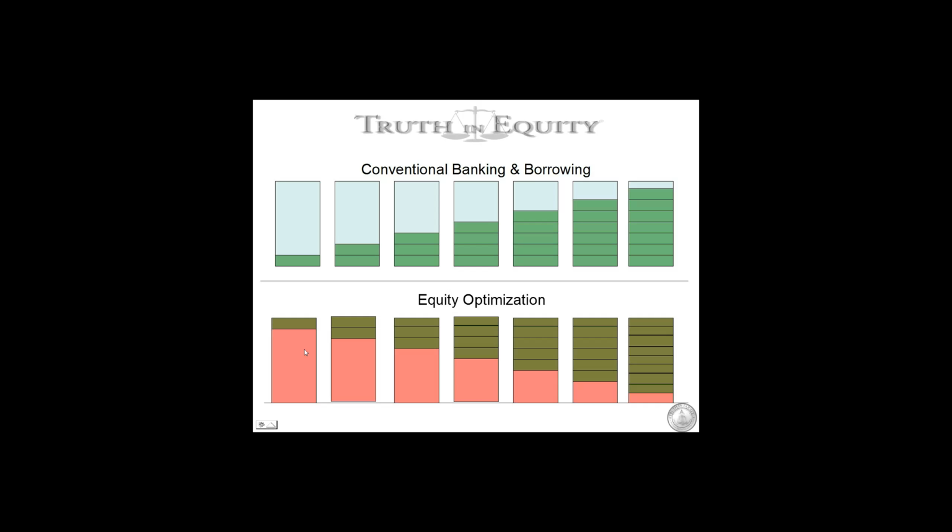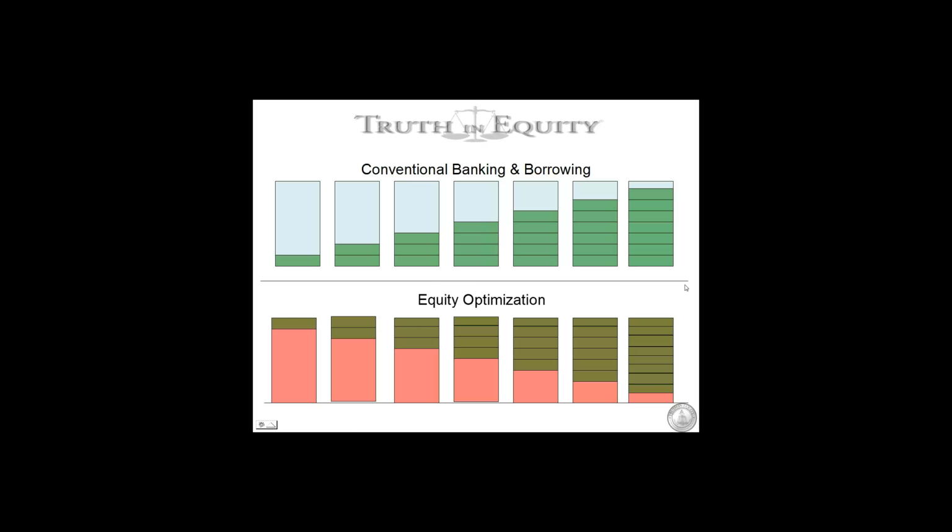They're out there leveraging it and distributing it for their purpose, whereas on the equity optimization side, we're doing the exact same thing the bank is doing, leveraging income against the debt, leveraging it and distributing it to pay our bills, and whatever's left over is either paying it back or saving us interest. So we're emulating and copying the banking model from above. We're just doing it down below on the debt side of the ledger.